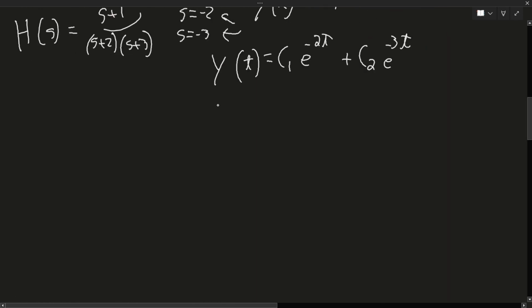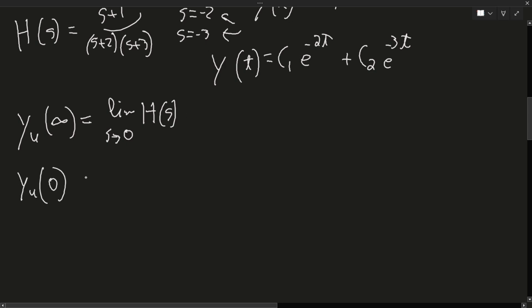But the final value theorem and initial value theorem basically say that y of the unit step response at t equals infinity is equal to the limit as s goes to 0 of your transfer function, and at t equals 0 it is equal to the limit as s goes to infinity of the transfer function. It's just the opposite thing in the Laplace domain, okay?